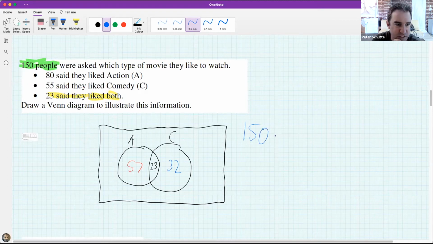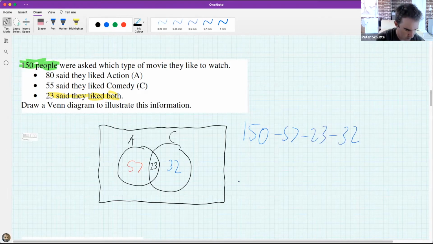I think we lost her. 150 minus 57, minus 23, minus 32. And so you should get, what should you get? Put it in the chat. I want to see. I've got my answer here. It's going to be 38.